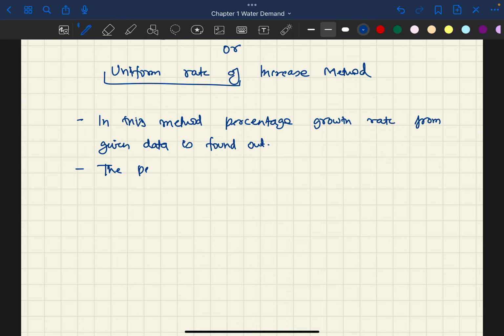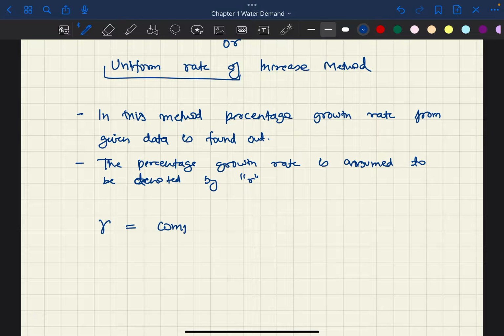The percentage growth rate is assumed to be denoted by R. This R is compounded over existing population and is calculated from past known data. R is computed by geometric mean.